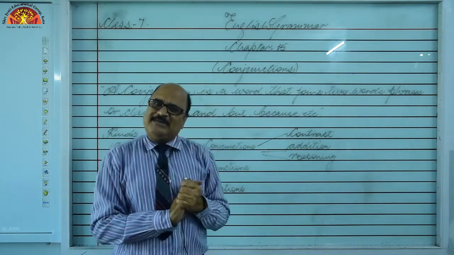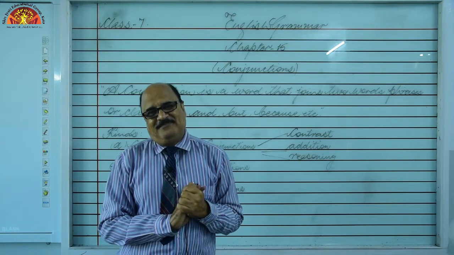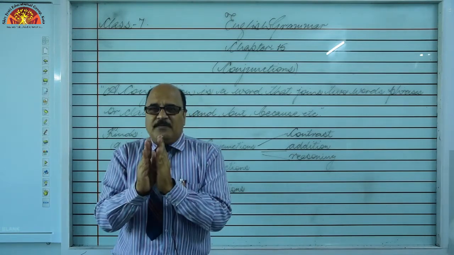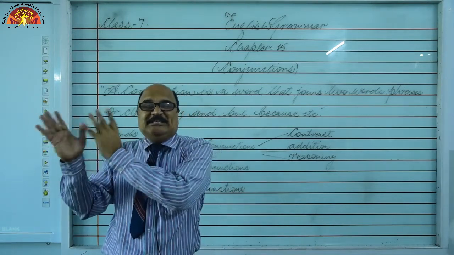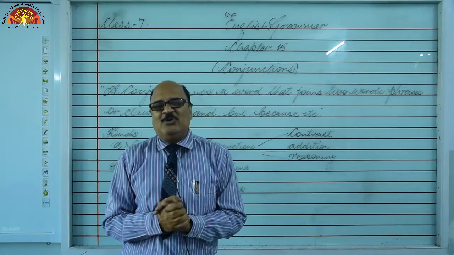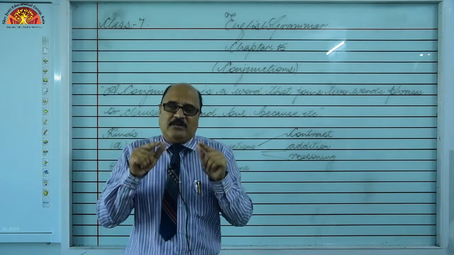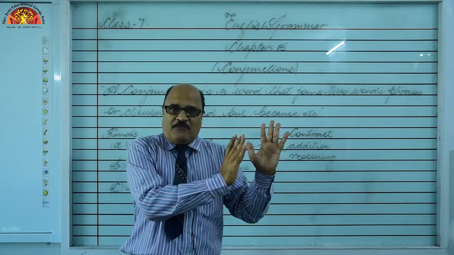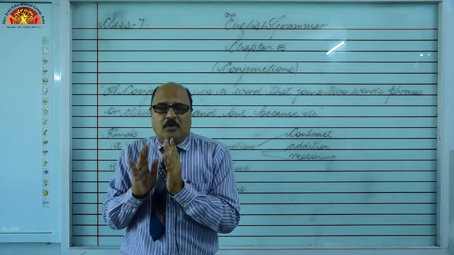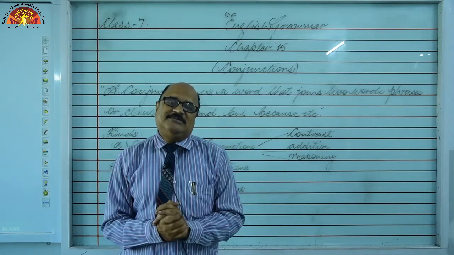One more example. Ram likes coffee, and the second part is Shyam likes tea. We have to join them, make them one. Ram likes coffee and Shyam likes tea, they both are independent sentences.